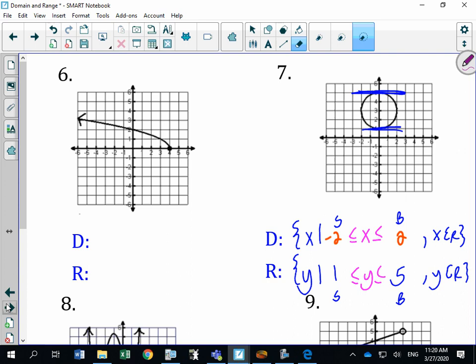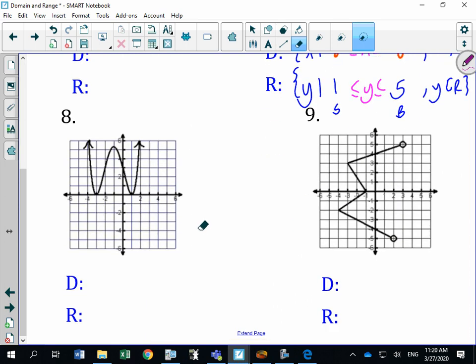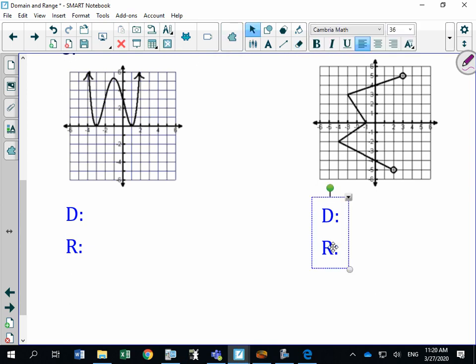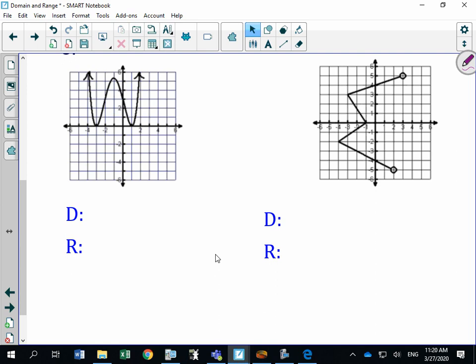Let's look at one more example with these closed versus open dots, which would be number 9. So let's do number 9 together. Okay, set it up the way we normally set it up.